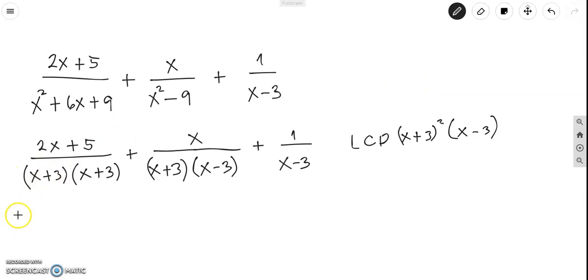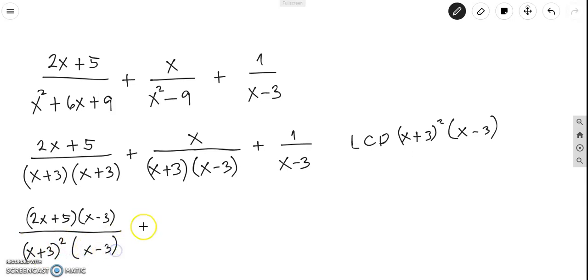So in this expression, we don't have x minus 3, so therefore 2x plus 5 times x minus 3 all over x plus 3 squared times x minus 3.